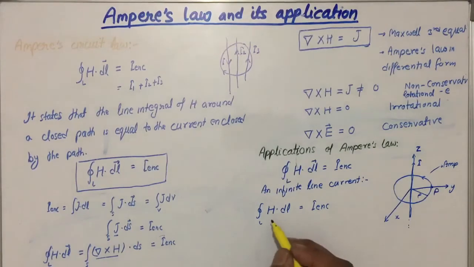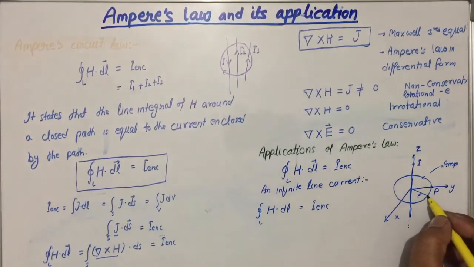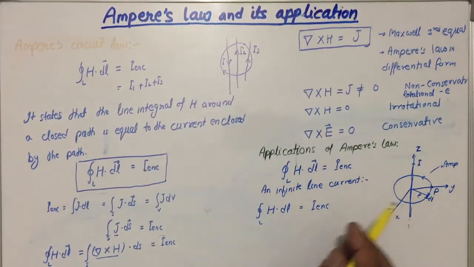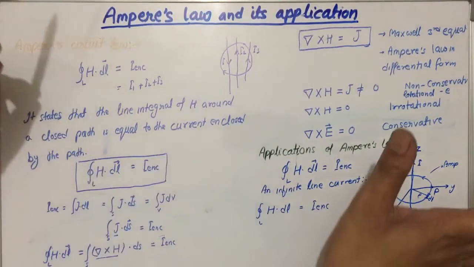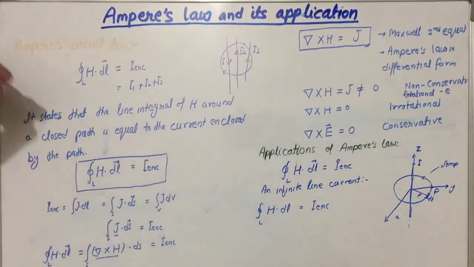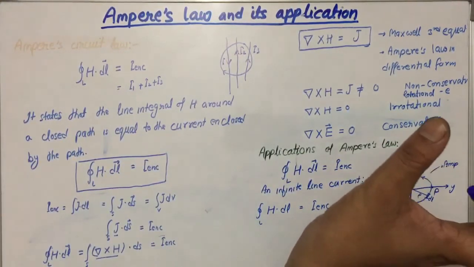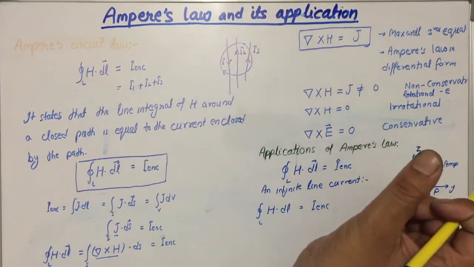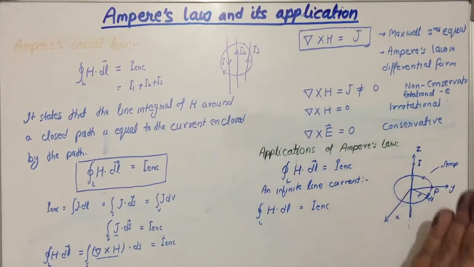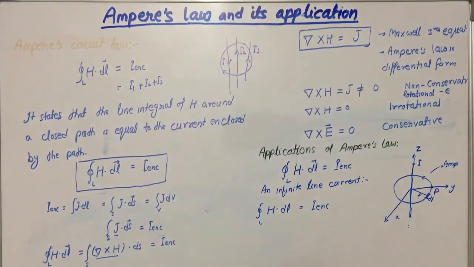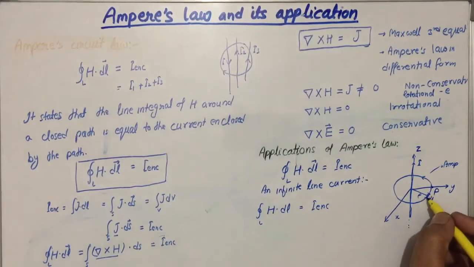At any point, if this is dl, the current is flowing in this direction. Here we will apply the thumb rule, and the direction of H will be in the direction of the curling of the finger, that is in the direction of phi.